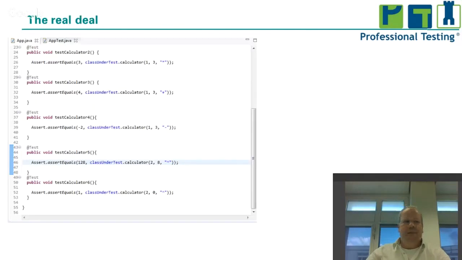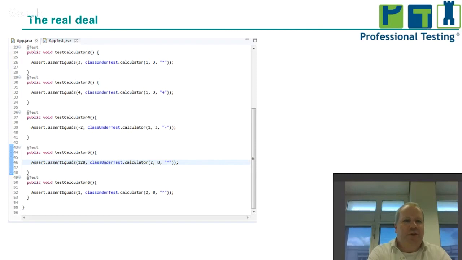So if we look at something like the real deal, these are some real unit test cases of a calculator that I've put in earlier. And you see that instead of using words, I've used operands in the normal way that you look at them. And we see that I have some asserts in here.